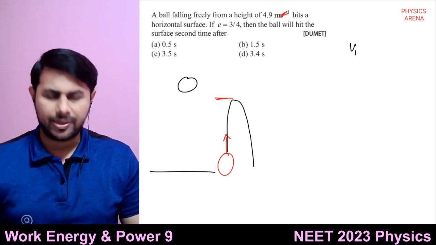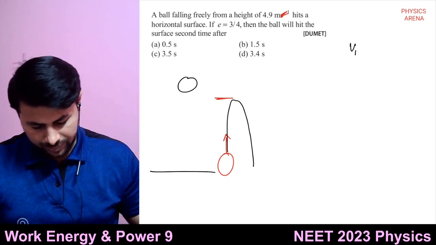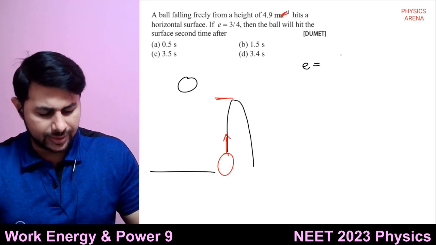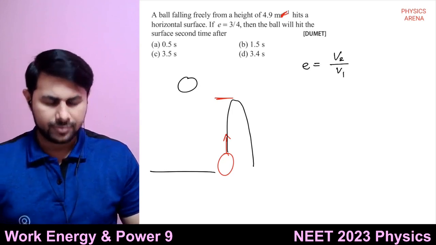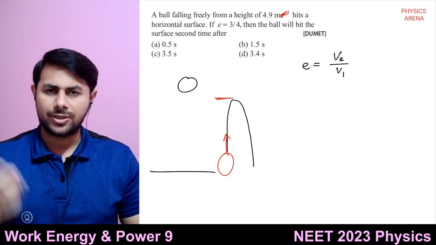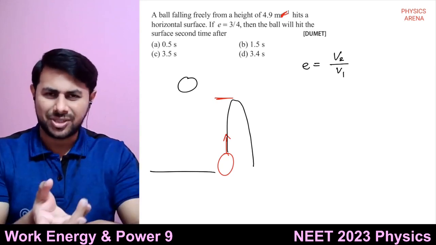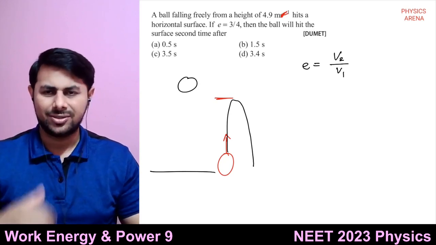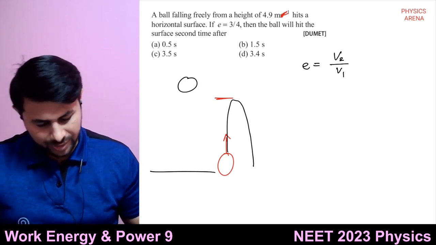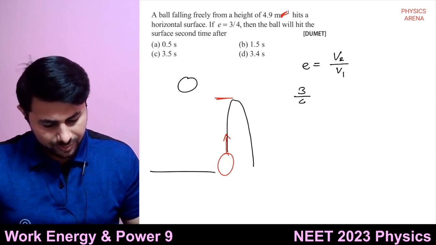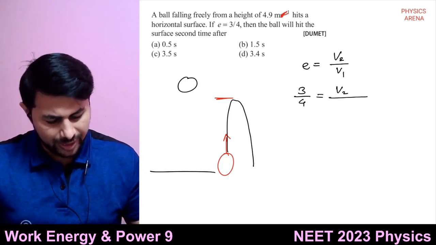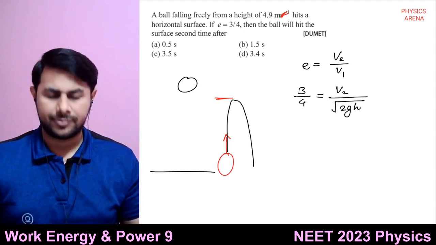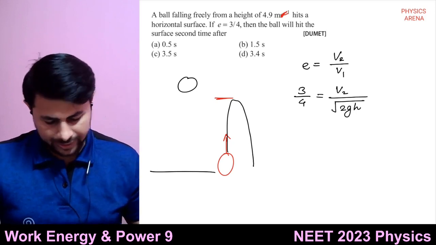So e is equal to v2 upon v1. The velocity of separation from earth is v2, and the velocity of approach towards earth is v1. So it is v2 divided by v1, and it is 3 by 4. How much is v1? Square root of 2gh.